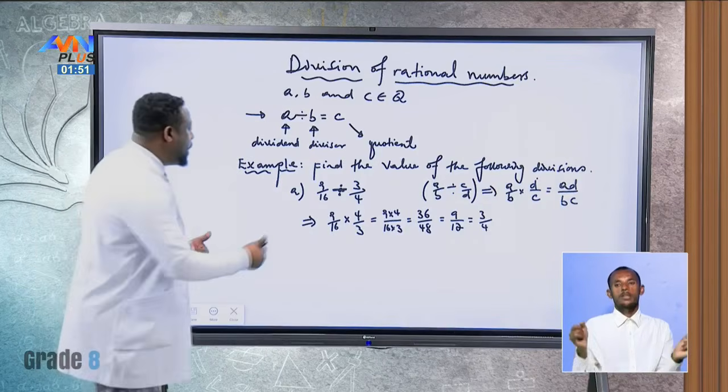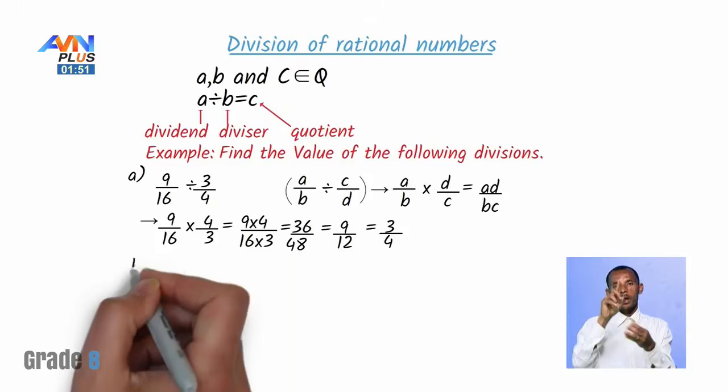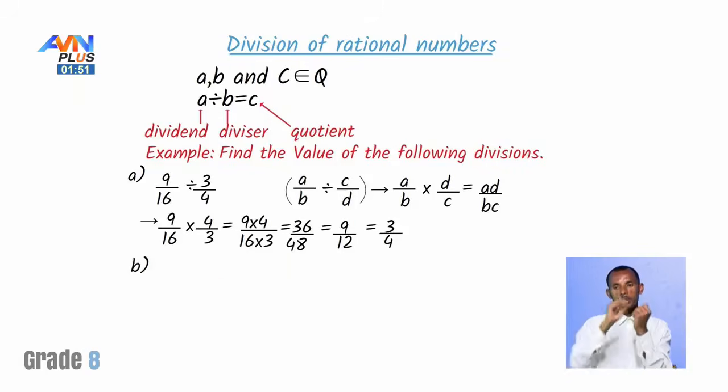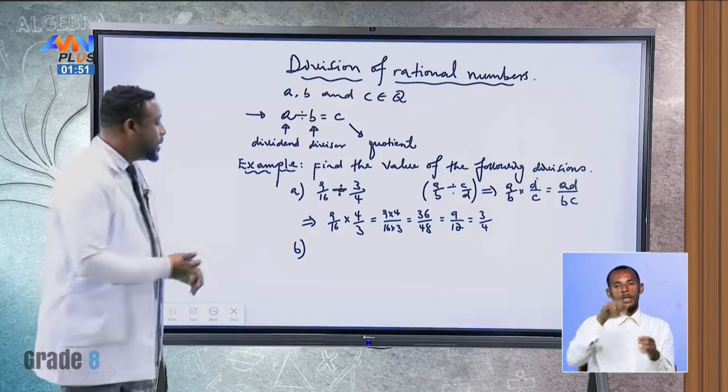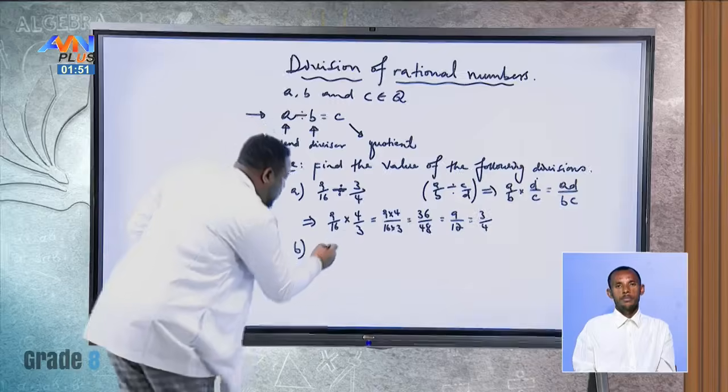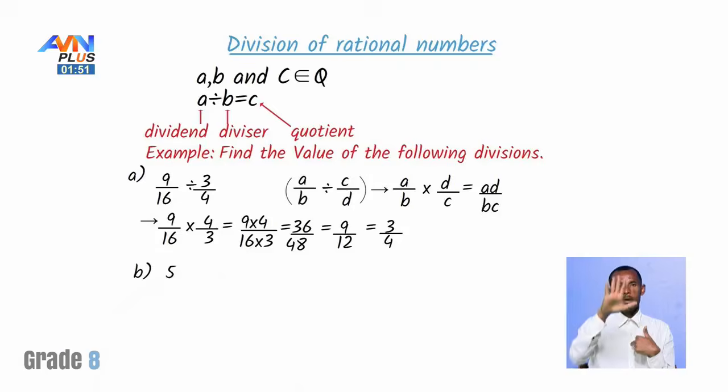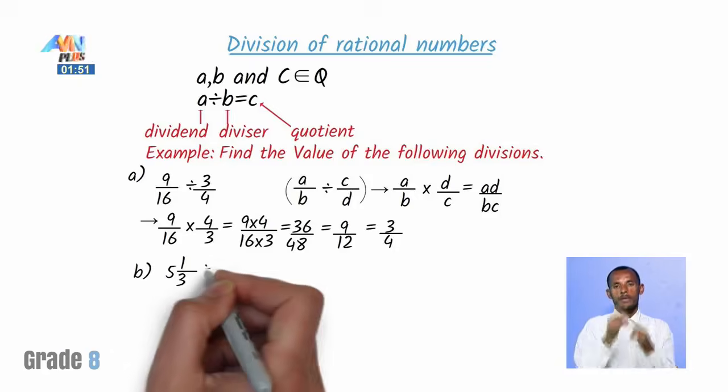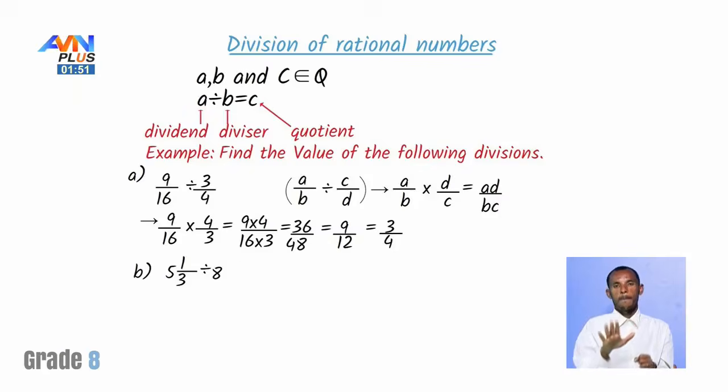Let me give you one more example regarding division of rational numbers. Say we have 5 and 1 over 3 divided by 8 and 5 over 6.